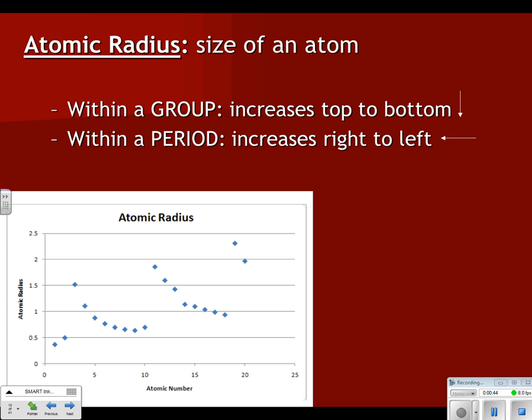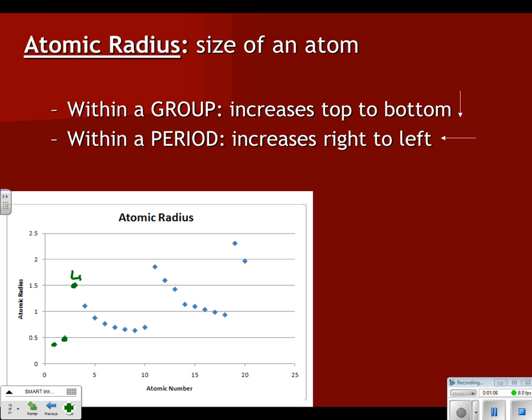So you can see a graph here of different atomic radius by atomic number. We've got on here our first two elements, hydrogen and helium. Hydrogen is here, helium's here. It's not a great trend, but as you look to the next one right here, this would be lithium.